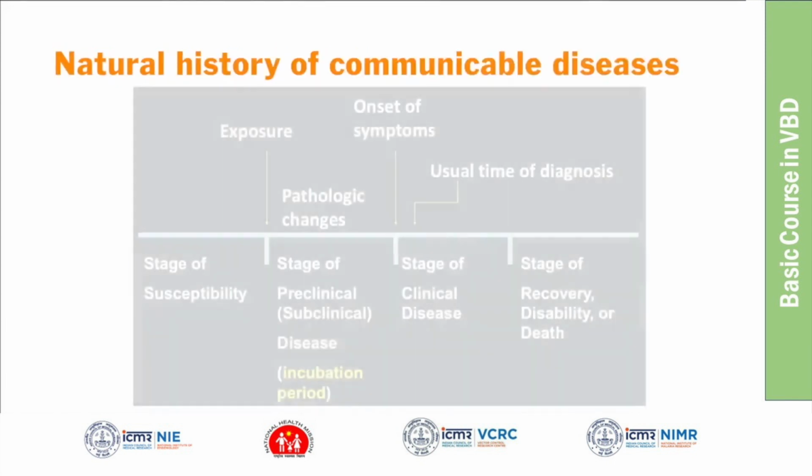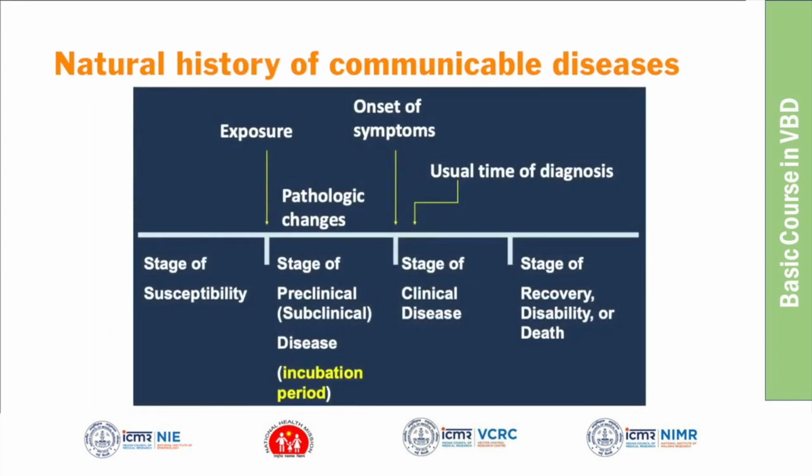If you look at the left hand side and then we move to the right hand side, the typical process that goes as a result of natural history progressing from infection to disease. We are taking an example of infection because we are dealing with vector-borne diseases.